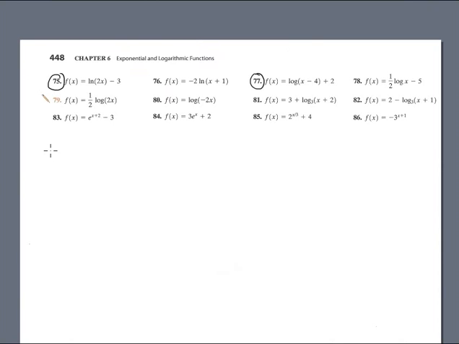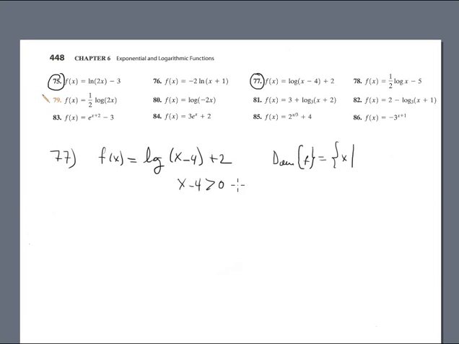Let me copy the 77. 77 is f of x equals logarithm of x minus 4, plus 2. It's obvious that the domain of this function is all real numbers except the restriction inside. You take the expression inside, which must be positive. x minus 4 must be positive. The restriction is x greater than 4.